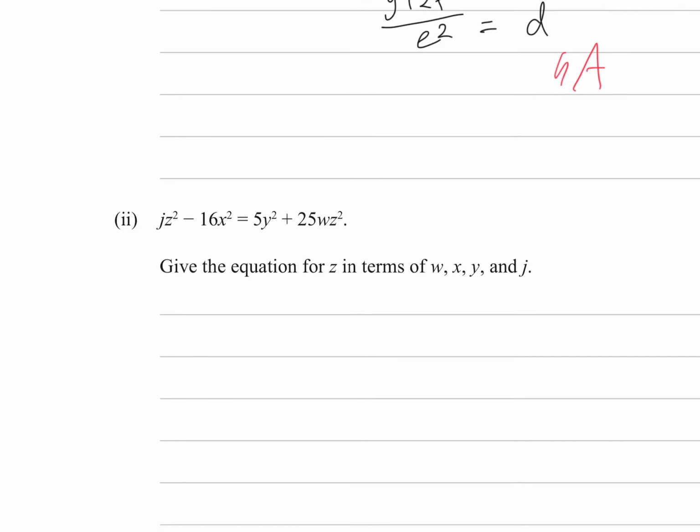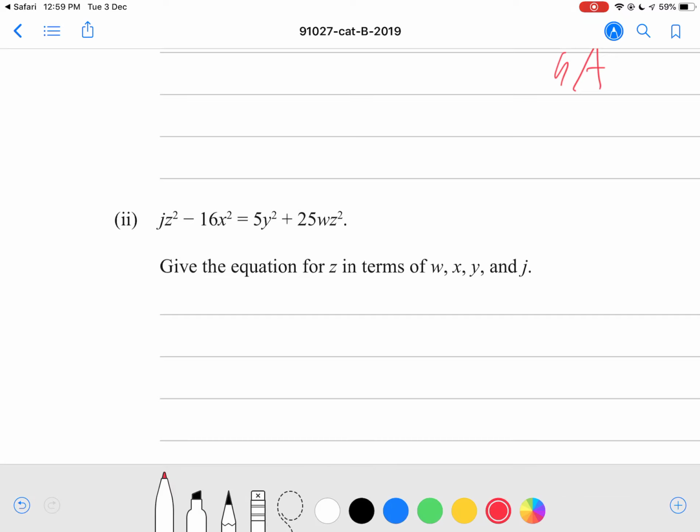Alright, so jz squared minus 16x squared equals 5y squared plus 25wz squared. Give an equation for z in terms of w, x, y, and j. So we want z in terms of everything else. Once again, we want to move these separate terms to the other side. So jz squared minus 16x squared minus 5y squared equals 25wz squared.